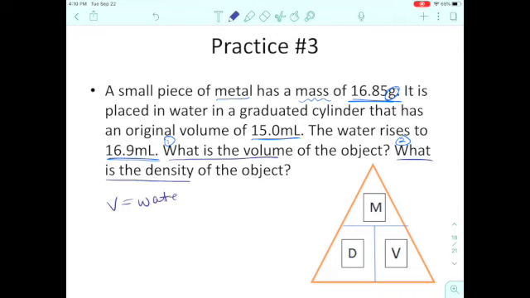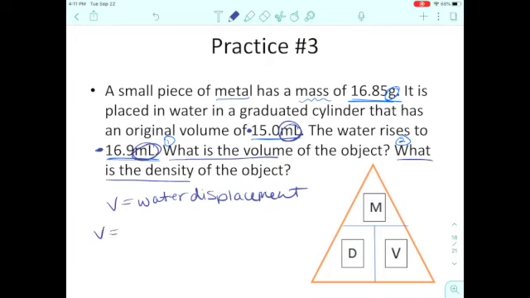So they used water displacement to find the volume. And so what you want to do to get the volume of just the object is subtract your 2 volumes. So this is a volume here, the 16.9, and this is a volume here, the 15.0. Okay, so those are the volumes because the units are milliliters.